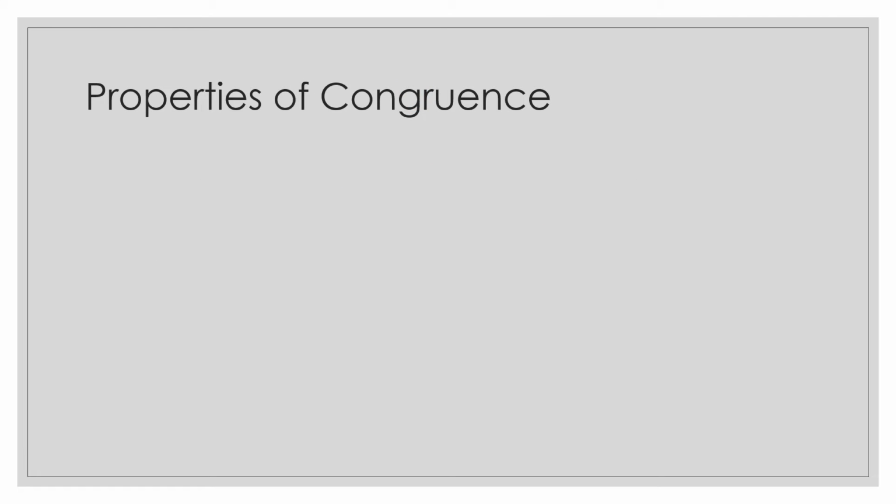Another important concept that you need to know are the properties of congruence. It is important to know that these properties of congruence are similar to some properties of equality. So properties of equality deal with numbers and properties of congruence deal with figures. The first property of congruence is the reflexive property.